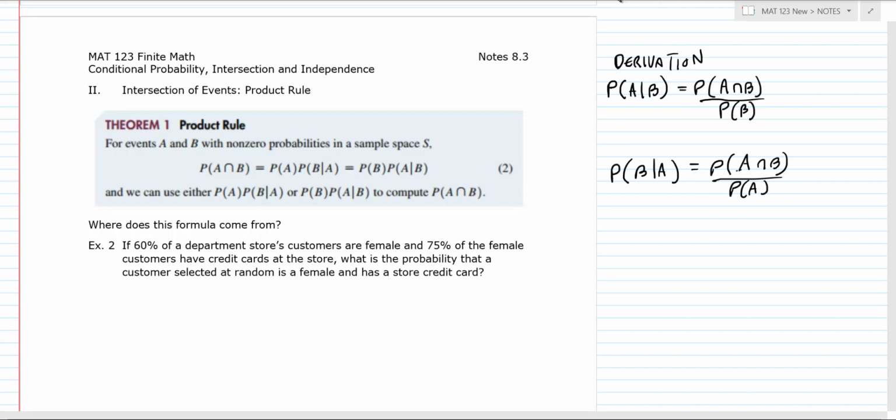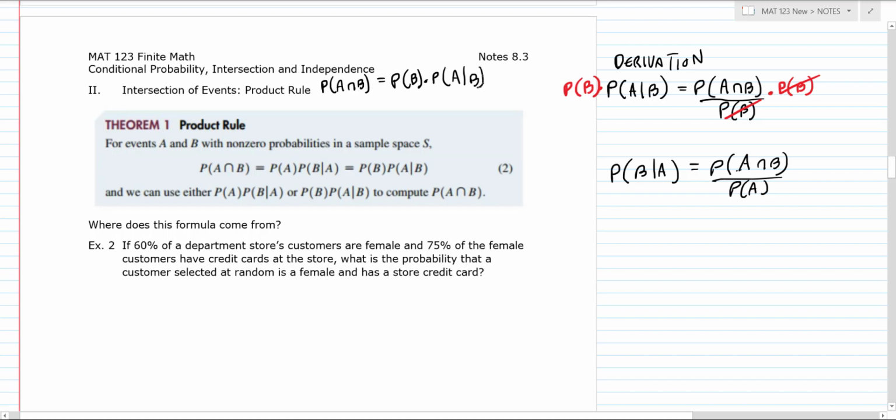Well, what you have here is a mathematical equation. So if I multiplied both sides of this equation by the probability of B, then I would get this formula right here. This would say the probability of A intersect B is the probability of B times the probability of A given B. So there are really 2 forms of this formula.